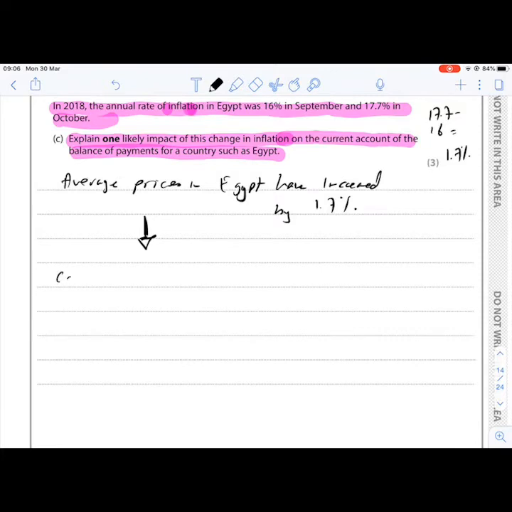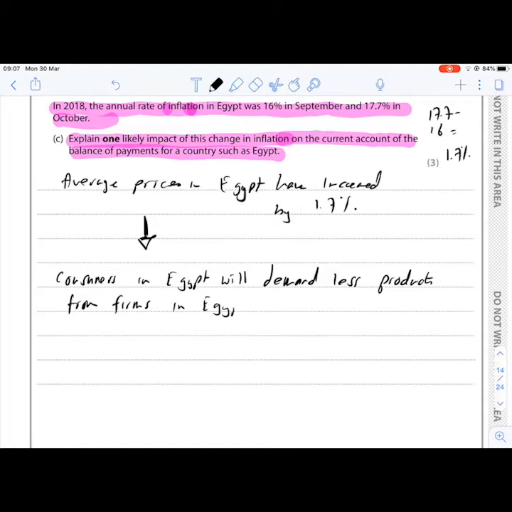So as a result, consumers in Egypt will demand fewer products from firms in Egypt because it's going to cost them more money, 1.7% more. Okay, so consumers in Egypt will demand fewer products from firms in Egypt.